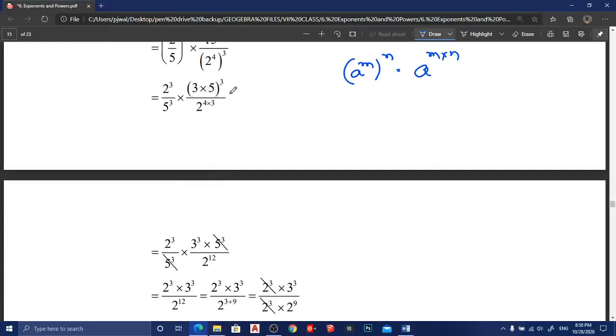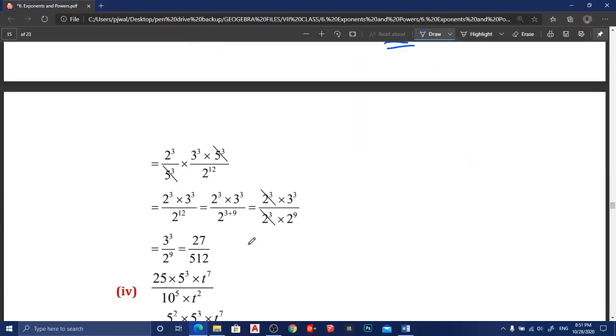You know a formula, a to the power of m into b to the power of m is equal to (a into b) to the power of m, isn't it? Now you can use this reversely: (a into b) to the power of m, how can I write? a to the power of m into b to the power of m. So 3 cube into 5 cube, split it like this, 3 cube into 5 cube by 2 to the power of 4 threes are 12 here.